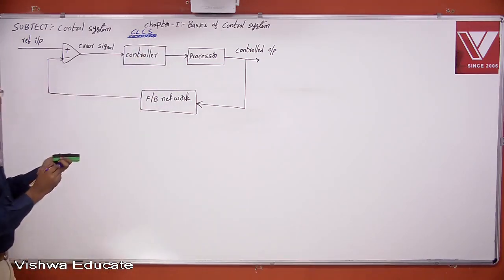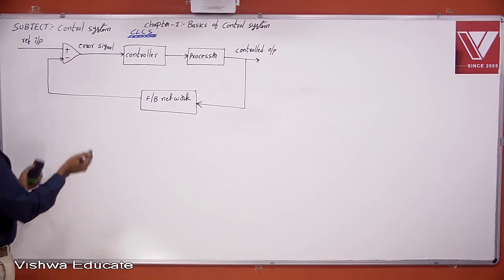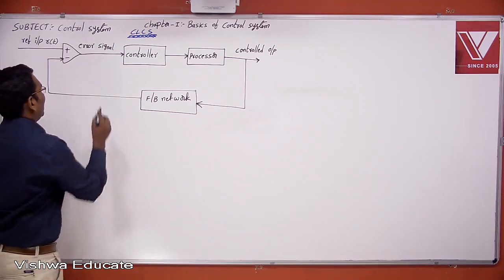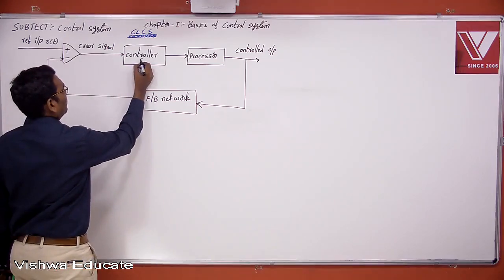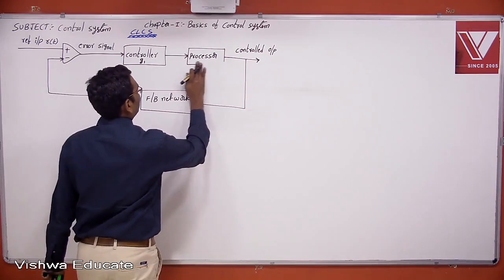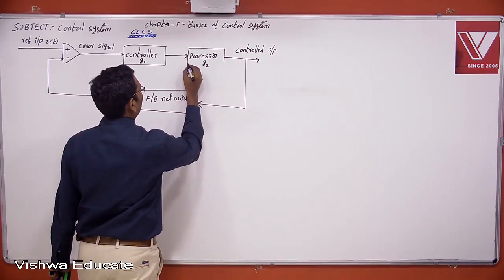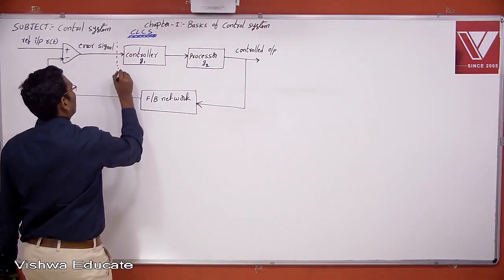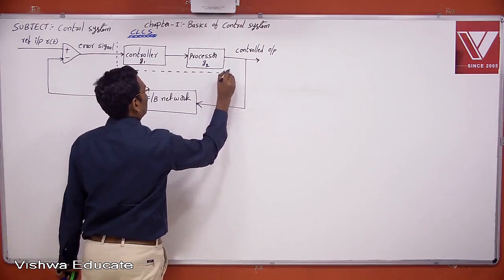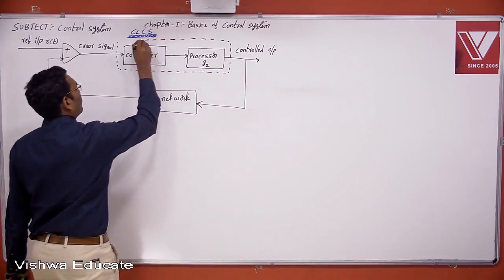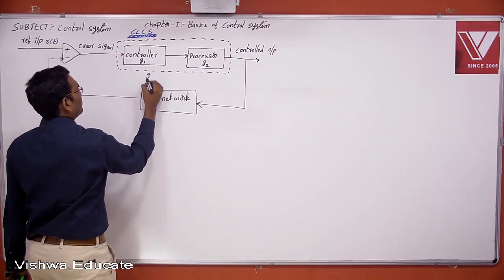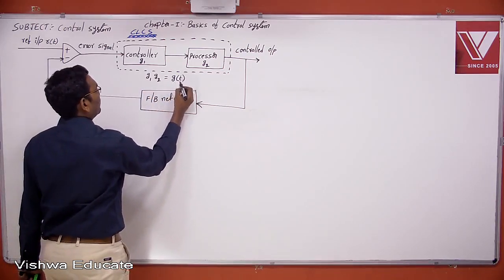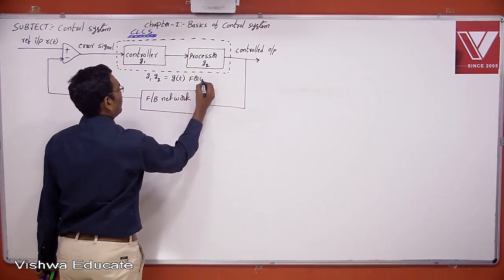Now see here, this is the reference input represented by r of t. Now this is the controller whose gain is G1. This is the processor whose gain is G2, which we already assumed. The controller and processor forward path gain is G1 G2, which is equal to G of t, which is nothing but the forward path gain.